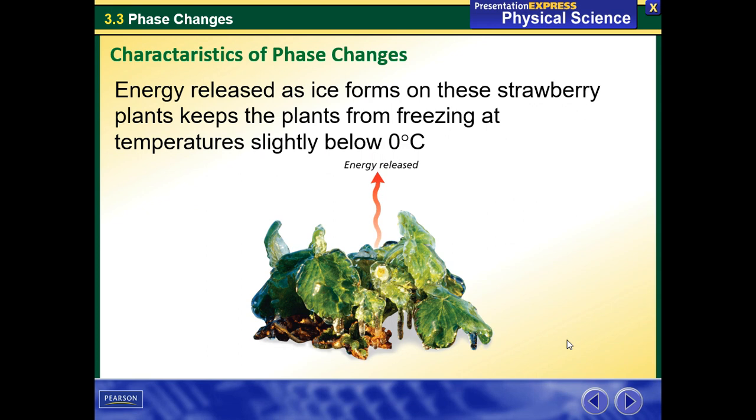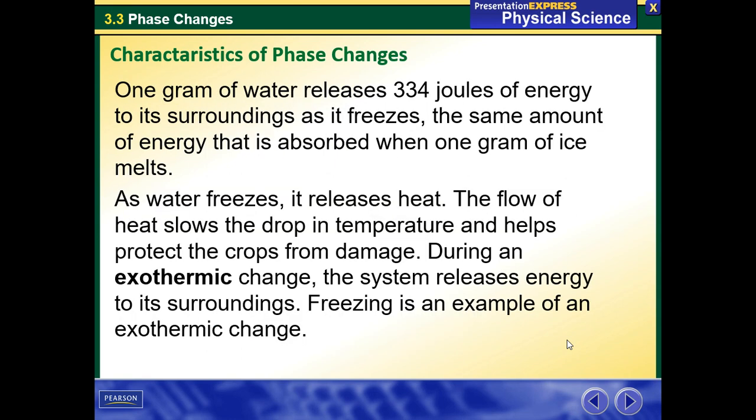It's kind of like a kid running around and then they just zonk out. So we release this energy in the form of heat, and that's how it's cooling down. One thing to note is 1 gram of water releases 334 joules of energy as it freezes. Again, it's the same amount as if it melts because they are opposite processes. But when water freezes, it releases heat.